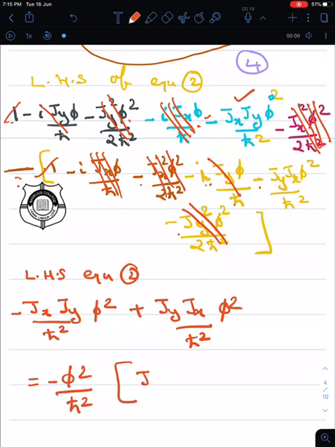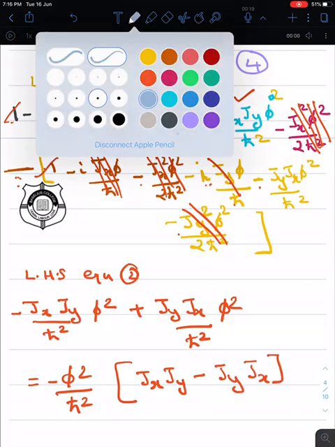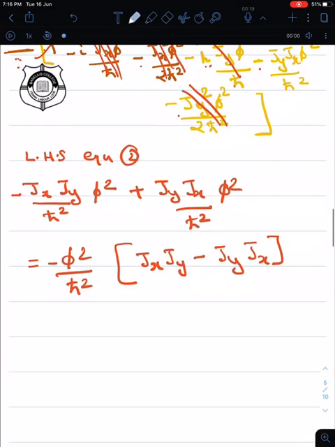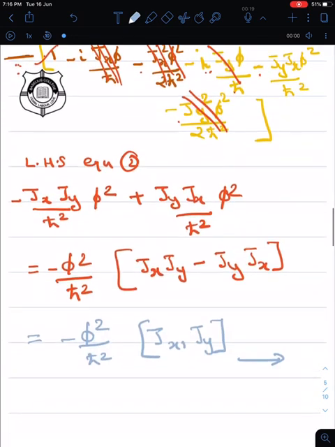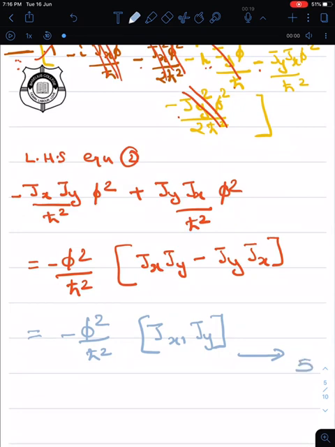So what you have inside is jx jy minus jy jx, which can be written as a commutation relation. It is equal to minus phi square by h cross square times the commutator of jx and jy. That's your left hand side of equation 2. This can be written as equation 5.